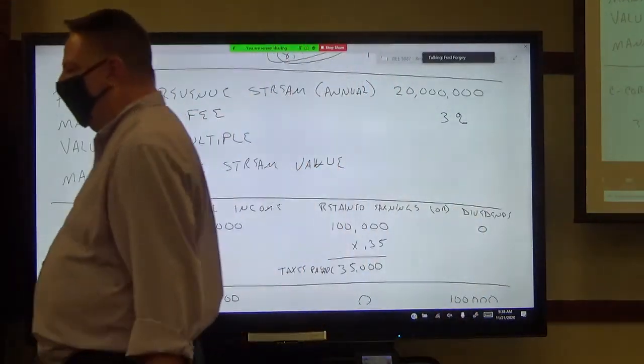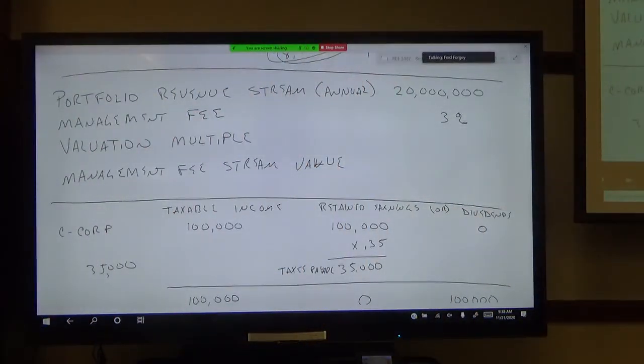Well, with real estate, it's somewhat similar in the sense that if we've got earnings or revenue of $20 million and we apply a valuation multiple, let's say of 8.5, this is just the opposite of ERV.